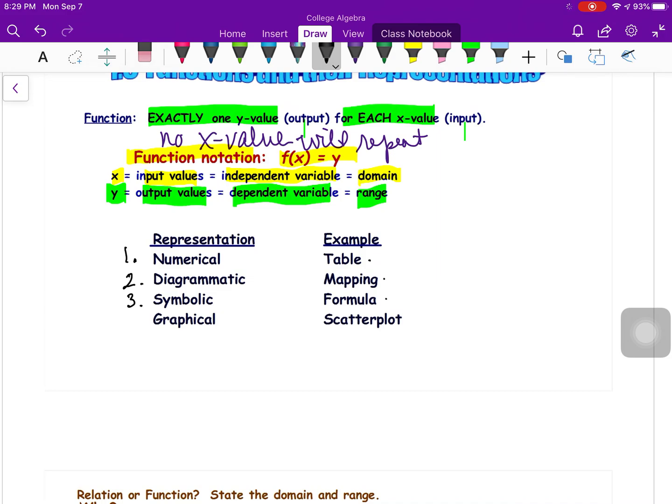That means we use formulas or equations. Many times you're going to run into directions that say solve symbolically. That means do your algebra. And the 4th kind of representation of data is graphical, like our scatter plot.